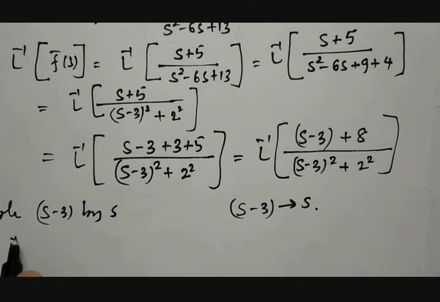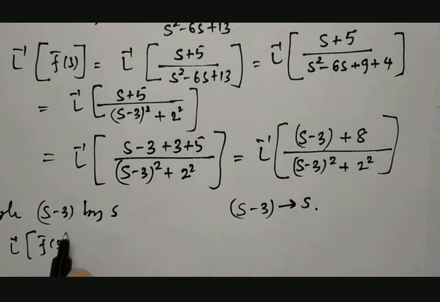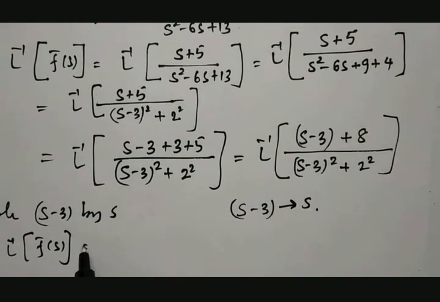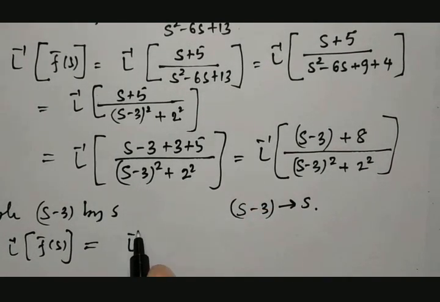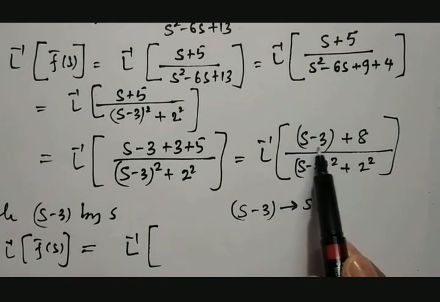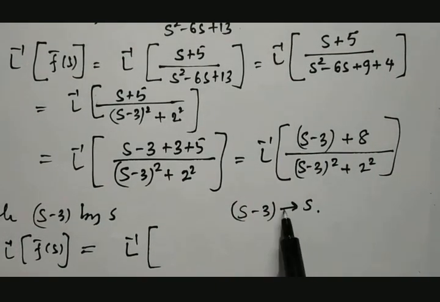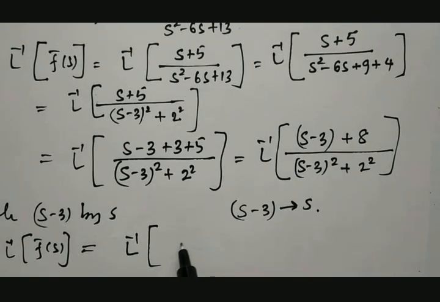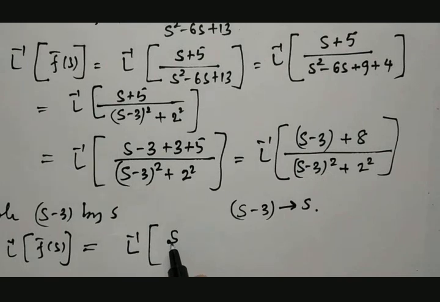So Laplace inverse of f bar of s is equal to this result. You can see Laplace inverse of, here everything is there. In this we are going to replace s minus 3 by s. As soon as I replace this by s, okay, immediately the outside exponential term will be added.